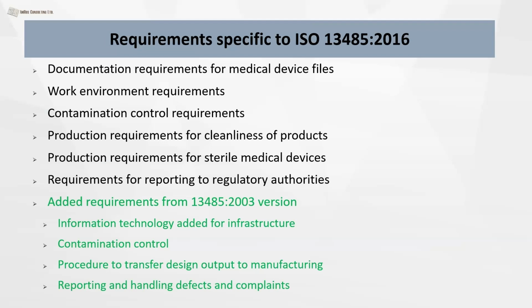Very detailed requirements need to be generated. The work environment. Obviously, since you're building medical devices, the work environment has to be very clean, contamination free, and all of that has to be addressed in the requirements of the ISO. Contamination control requirements. How do you prevent contamination from creeping into your products?